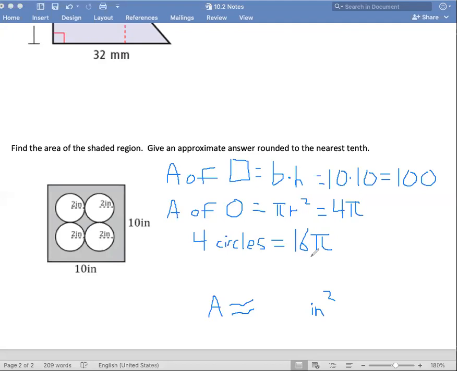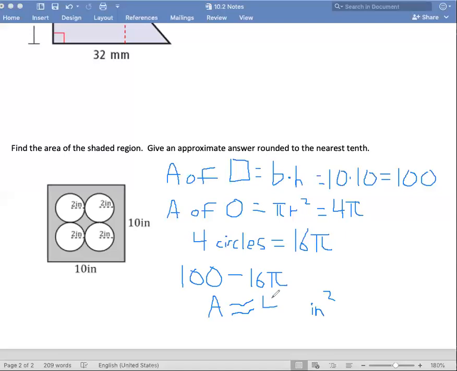Well, because you are trying to find the area of the shaded region only, you are going to take 100, as if it was a complete square, but it's not. So you are going to take 100 minus 16 pi, which represents the portion that is cut out of the square. So go ahead and pause the video and throw this into your calculator, 100 minus 16 pi.